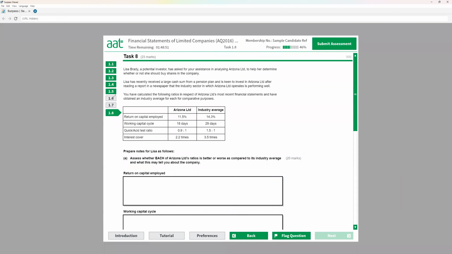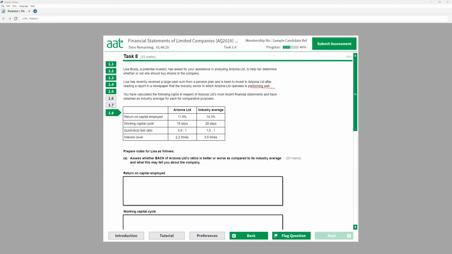So it says Lisa, a potential investor, has asked you for your assistance in analyzing A Limited to help her determine whether or not she should buy shares in the company. Lisa has recently received a large cash sum from a pension plan and is keen to invest in A Limited after reading a report in a newspaper that the industry sector in which A Limited operates is performing well.